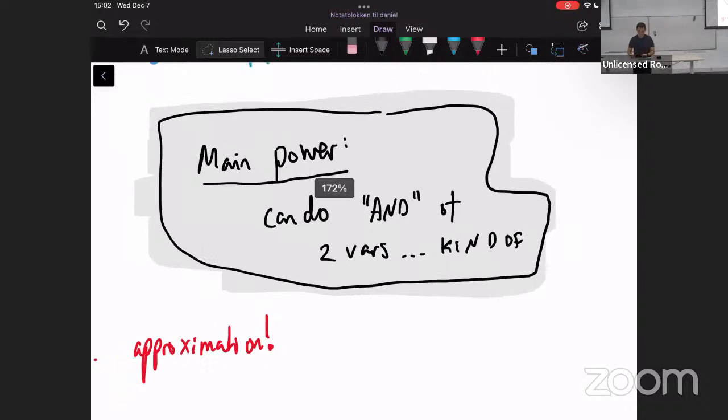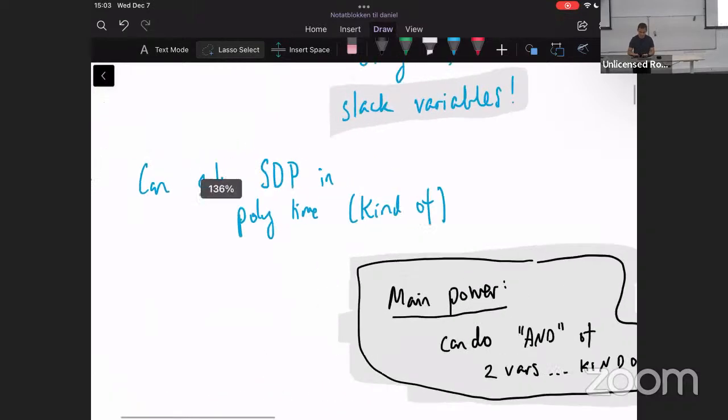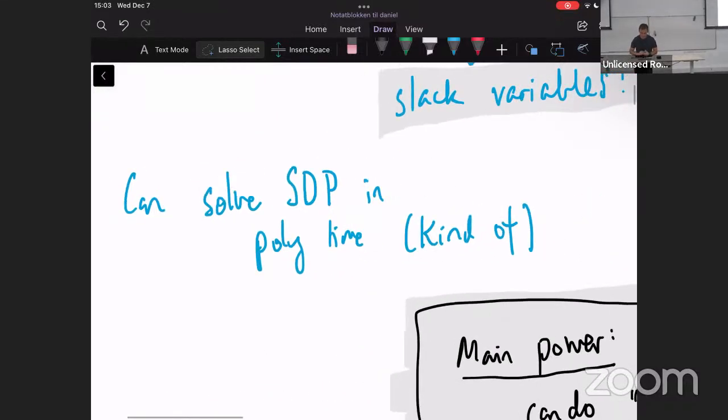Now, the wonder of LPs is that you can solve them in polynomial time. And for SDPs, we can also solve them in polynomial time. Well, kind of. The "kind of" means that you can get a 1 plus epsilon approximation in polynomial time, and the dependence on epsilon is very good.